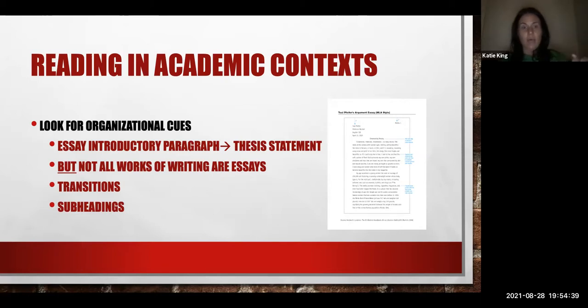However, not all works of writing are essays. The problem that a lot of us fall into when we're reading something like an article from a magazine or a work of fiction is that we've fallen into that knee-jerk response of paragraph 1, thesis, when not everything is a college level essay, right? If anyone ever read the Harry Potter books, they are not college essays, right? They're works of fiction. You're not going to get the theme or the message or the intended purpose just in the first paragraph.